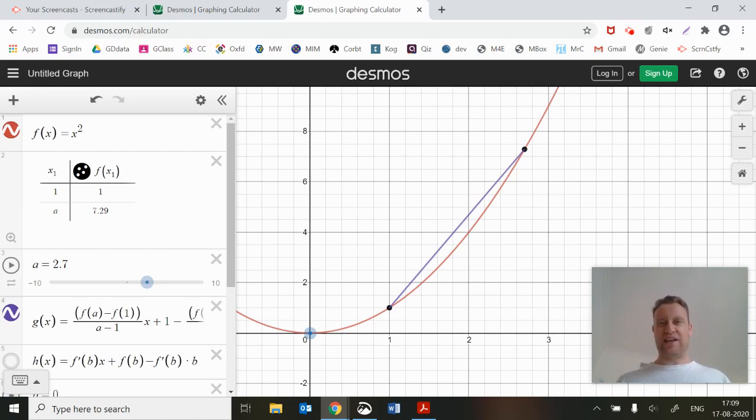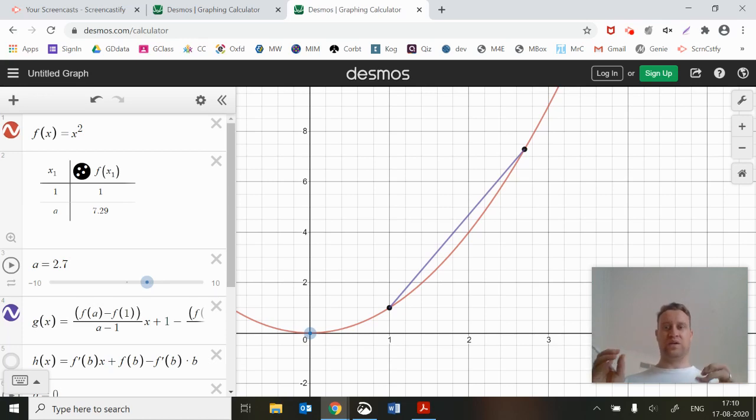In other words, x1 take away x2 on the bottom is going to give you a 0. You can't divide by 0. That's undefined. We have this real problem here of thinking, well, which 2 points do we take? Now, it's possible you could take a point which is before my example point here, which is 1, 1. You could take a point before and then a point after and then kind of average it out. But that's not really great.